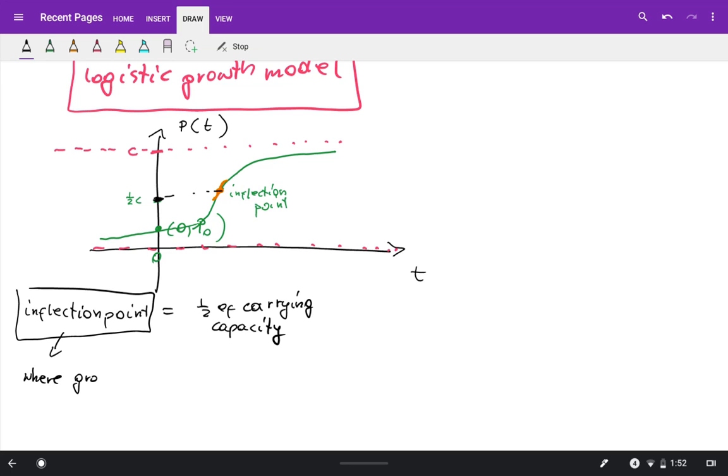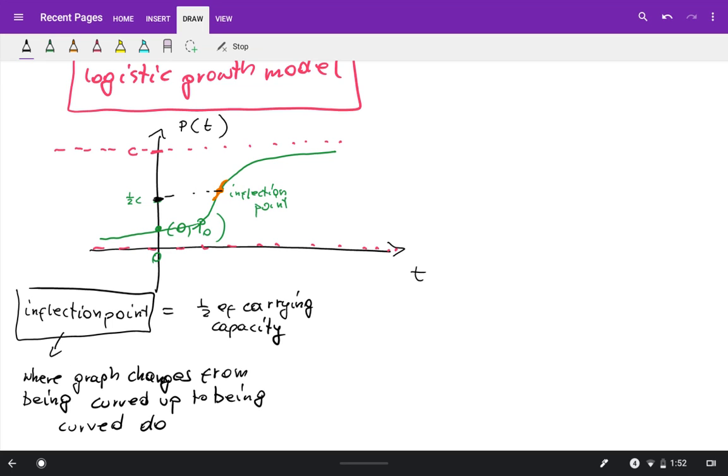the graph changes from being curved up to being curved down.